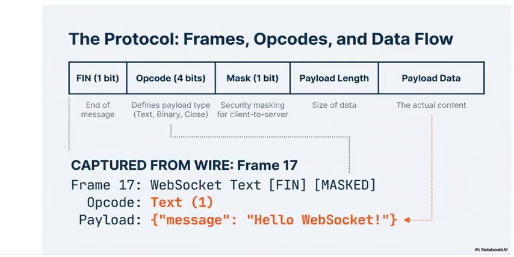Now, there was one security feature in the frame that seemed a little odd to me. The masking bit. It says all frames from the client to the server have to be masked. Why is that? Okay. So this is a defense against a very specific kind of old vulnerability called cache poisoning. Imagine you're on a corporate network with a transparent proxy server.